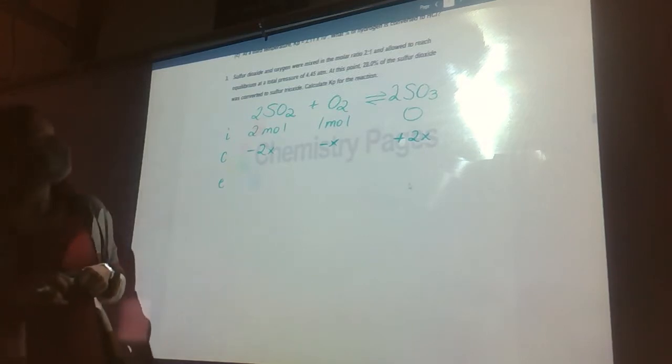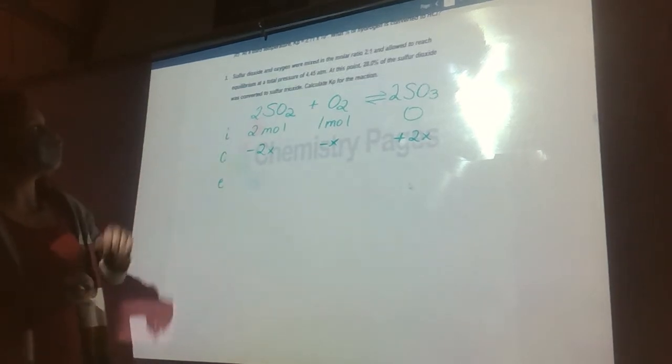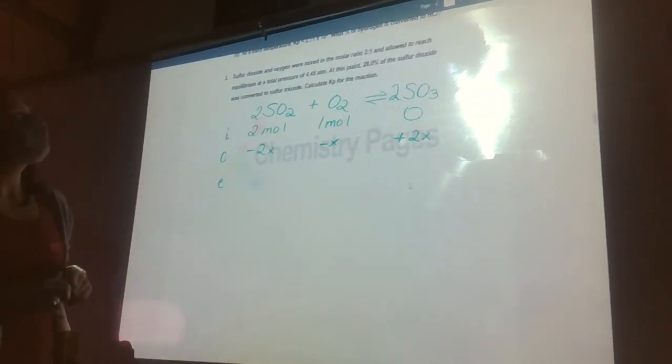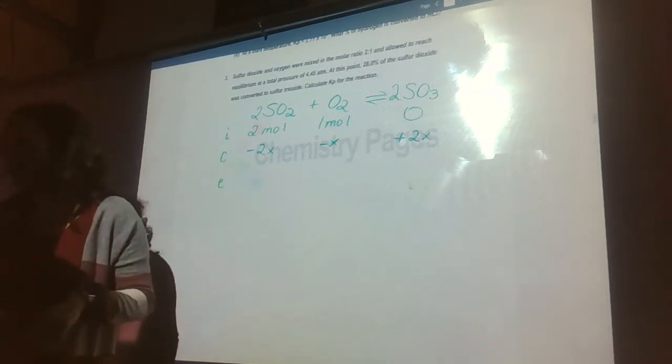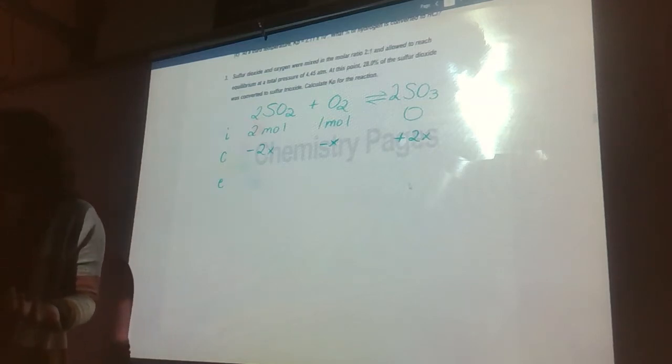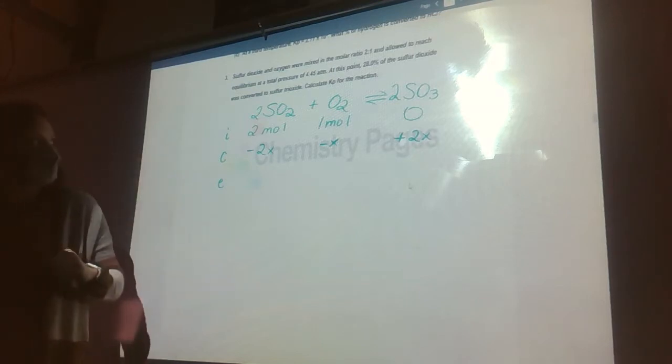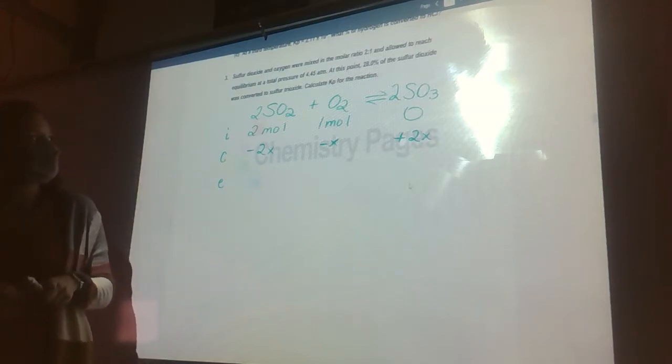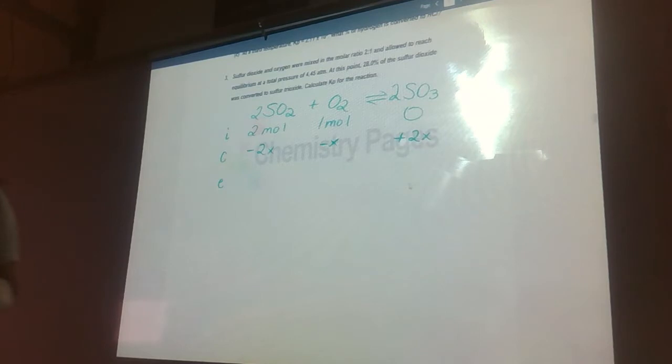And then it tells you at this point, 28% of the sulfur dioxide was converted to sulfur trioxide. So 28% of 2 moles was converted to sulfur trioxide. So what's 28% of 2? 0.56?